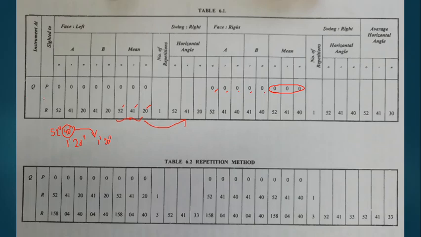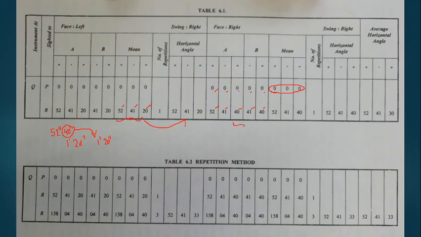And when it is sighted to the survey line QR, now what happens, 52 degrees 41 minutes and 40 seconds, a slight difference when you compare to the previous one. And vernier B also 41 minutes, 40 seconds.